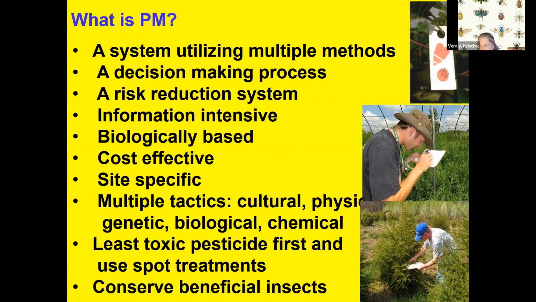Then there's biological control, which is what we want to promote in urban landscapes and turf and woody plants: natural enemies, predators like wolves, ladybird beetles. They eat many larvae in their lifetimes. Parasitoids lay their eggs in a host, so you get one egg in a host, and diseases, pathogens that are host specific to the pest. You notice chemical control is last, and then it should be spot treated.